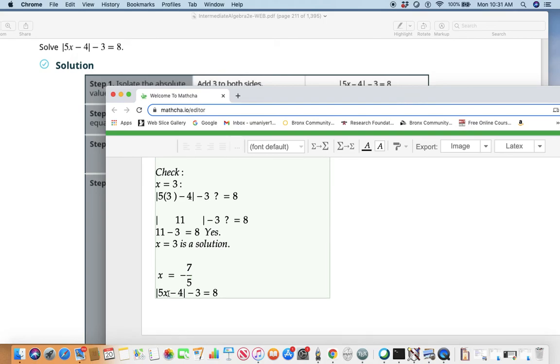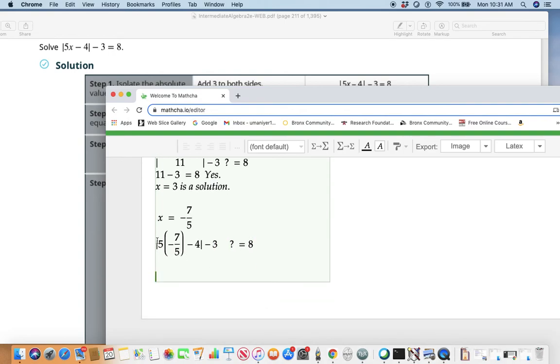Where you see x, write parentheses and place negative 7 over 5. Question: is this equal to 8? Let's try. Again, the absolute value is a grouping symbol that has to be evaluated first.